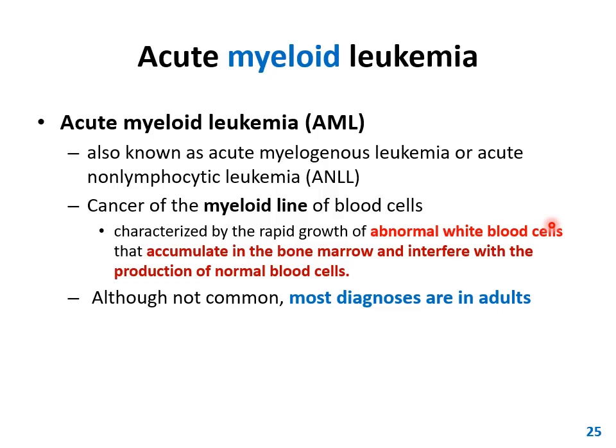Okay, so this is the main mechanism why blood cancers kill. Now, when you see this type of leukemia in a patient, mainly it is going to be developed in adults. Okay, so myeloid lineage leukemia, you're going to find that most commonly diagnosed in adults.